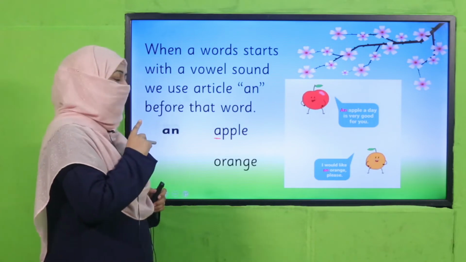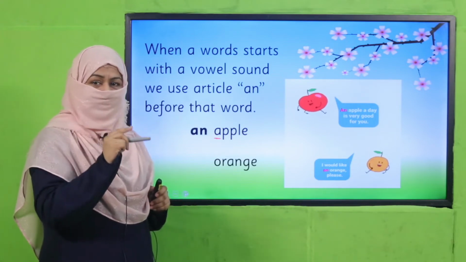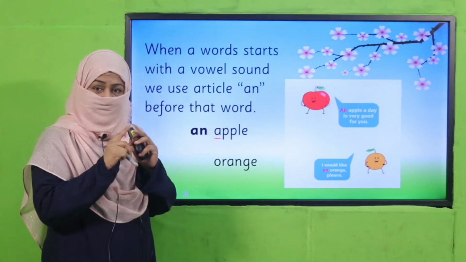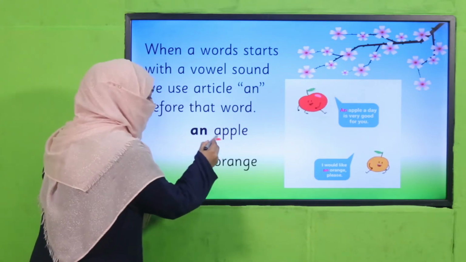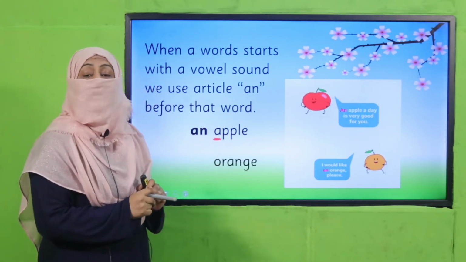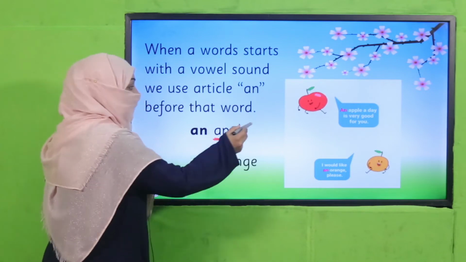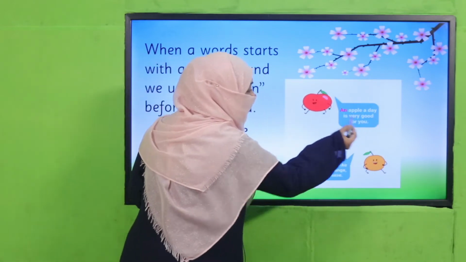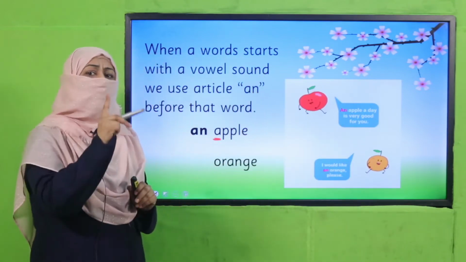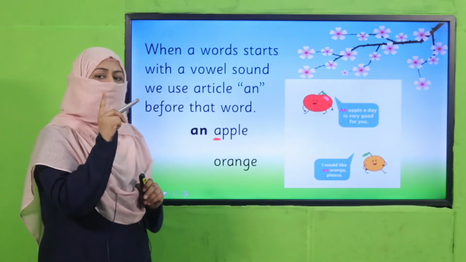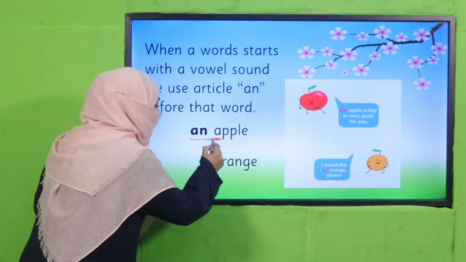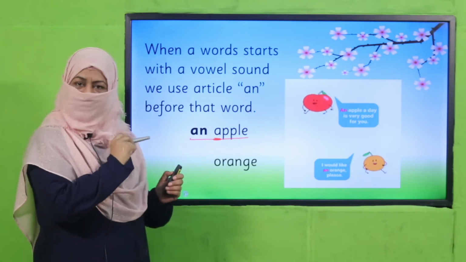So an apple means one apple. So there are two things at a time. The initial sound of this naming word is a vowel sound and it is one. An apple a day is good for your health, means one apple. So when I want to say one apple, I will write an apple, right?